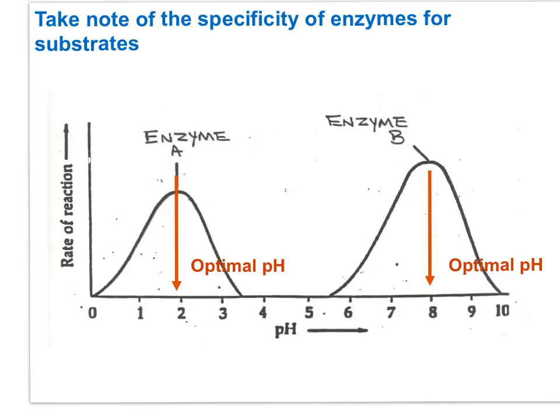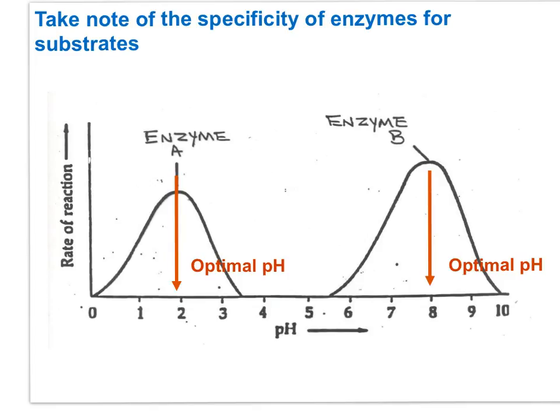For either enzyme, A or B, any pH away from optimum results in the denaturation of the enzyme, thus less activity. Enzyme B would be an enzyme found in the mouth or small intestine, delivered to the small intestine by the pancreas.